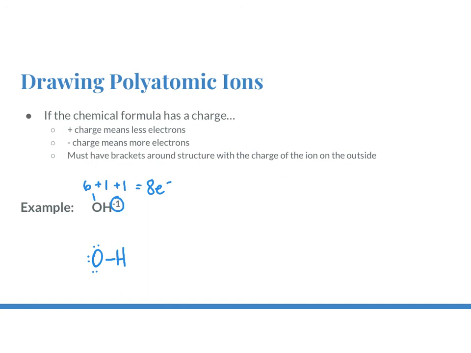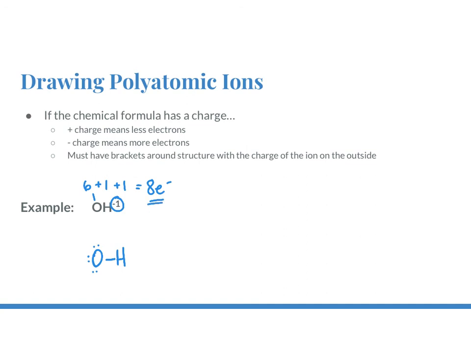And then hydrogen has the 2 that it's happy with, so hydrogen does not want any lone pairs. So right now in my drawing, I have 2, 4, 6 around my oxygen, and then I have 8 in that bond between oxygen and hydrogen.